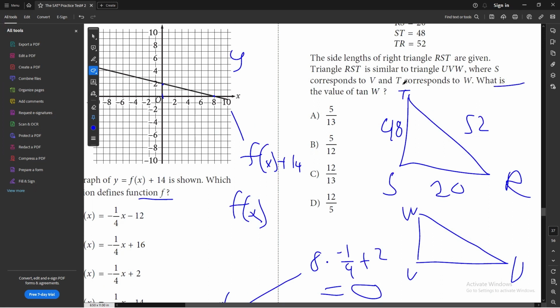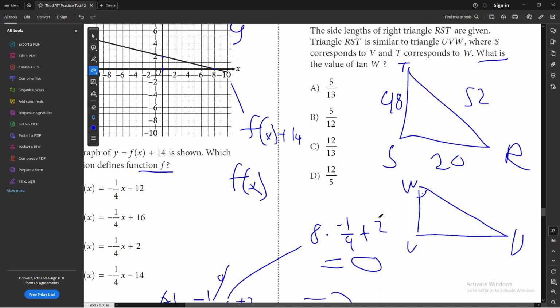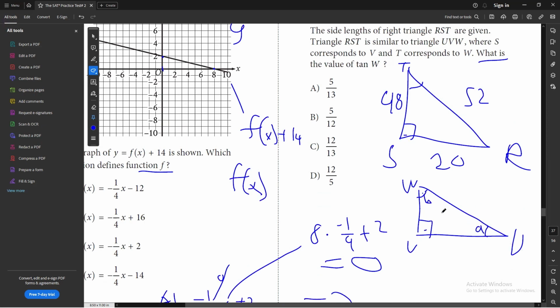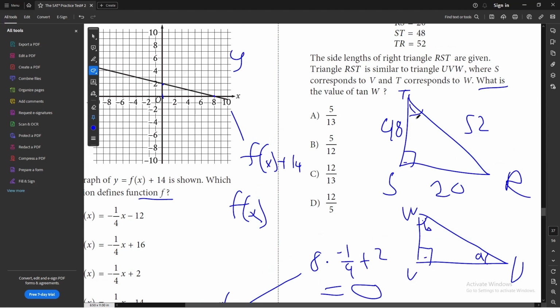So the question is asking what is the value of tangent of W? First of all, my friends, you have to know that if this is a similar triangle, we have the same angles. So let's say this is A, B, and 90 degrees. This has to be A, B, and 90 degrees.